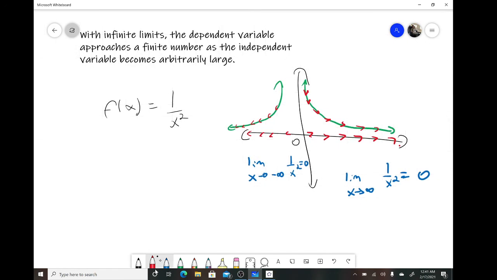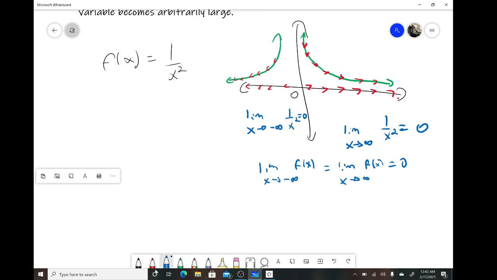And notice here, I just gave it away, the limit as x approaches negative infinity of f of x is equal to the limit as x approaches infinity of f of x, which equals 0. So that means that the limit actually exists, and it is 0. So whereas infinite limits do not exist, limits at infinity do exist, and you can get an actual numerical answer.